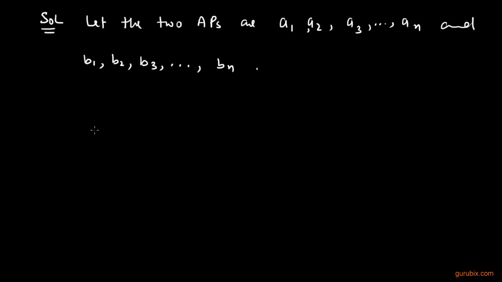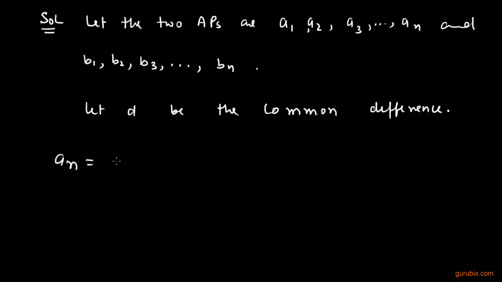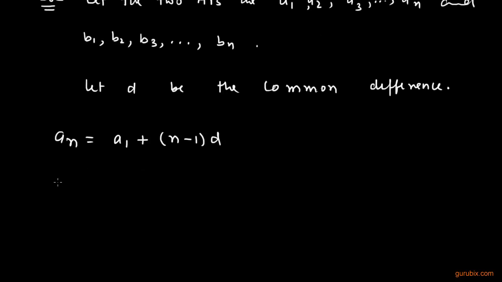Since the common difference of these two APs is the same, let d be the common difference of these two APs. Then the nth term of the first AP is as follows, and the nth term of the second AP is like this.